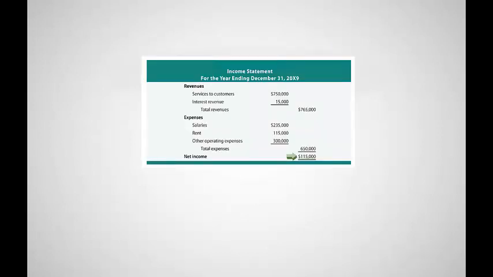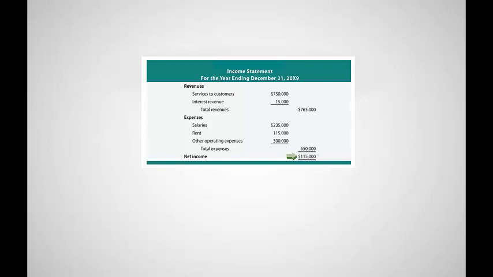So let's take a look here at an income statement. You can see here that the only types of accounts that are shown on the income statement are revenues and expenses. So any account in the chart of accounts that's classified as a revenue or an expense account would show up on the income statement.